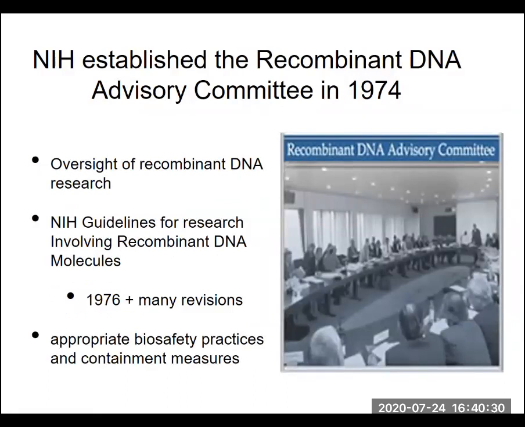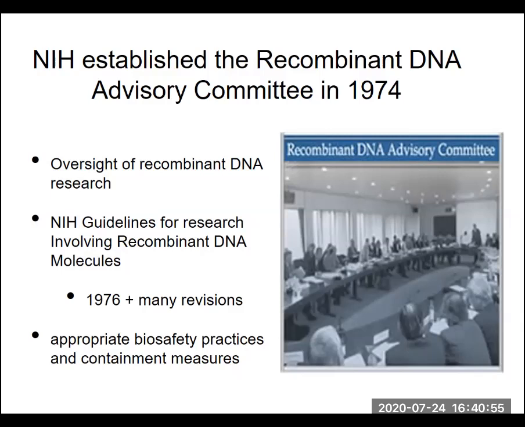So the National Institute of Health, as we've talked about throughout the course, is the primary supporter of biomedical research within the United States. In the early 1970s, it recognized that this technology of recombining DNA was going to be an emerging field, and they established a Recombinant DNA Advisory Committee in 1974.